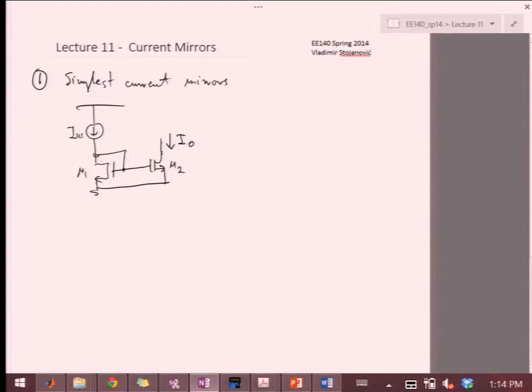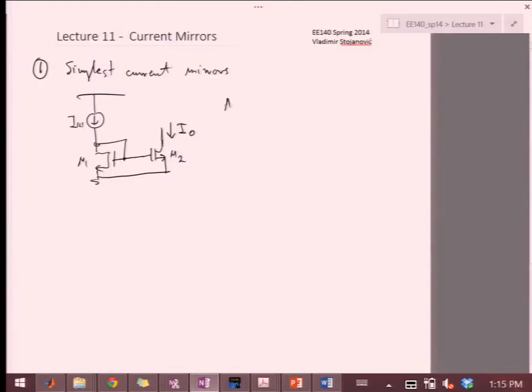It reacts, because it's diode connected, by developing a VGS that corresponds to this amount of current. That VGS is shared between the two, so it sets the value of the current for the output transistor, assuming this voltage is something reasonable that keeps it in the saturation region.